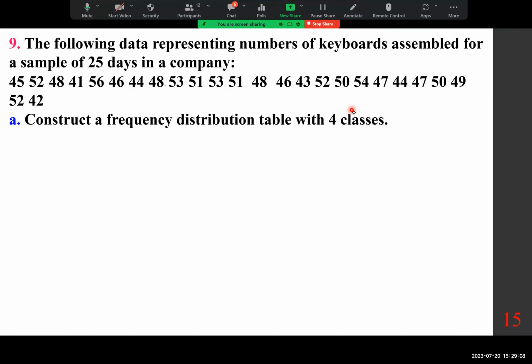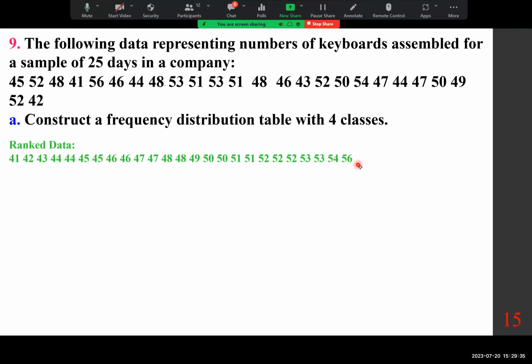So the very first thing is always to rank the data, sorted from smallest to largest. I'm assuming nobody has any problem with that. It appears the smallest number is 41, the largest number is 56. Now, the method by which we find the FDT, the frequency distribution table, is to estimate the width based on the number of classes.